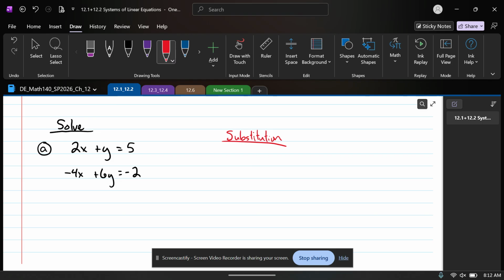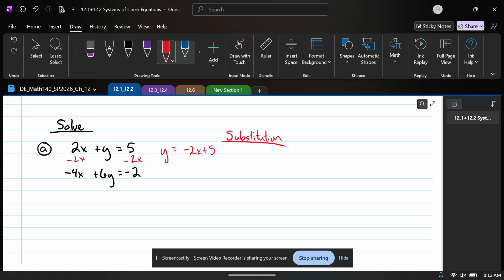With substitution, the key thing you want to do is get one of the equations to have a variable by itself. Doesn't matter which one, pick the one that's easiest. On this one, the first equation would be easiest to get y by itself because it's just one move. So I subtract 2x from both sides and get y equals negative 2x plus 5.